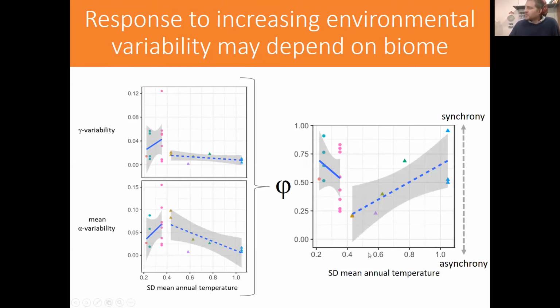And along the x-axis, in this case, we're looking at low temperature variability to high temperature variability. At this point, we're not really sure what to make of this data set. Unsurprisingly, marine data sets have much lower variability in sea surface temperatures than terrestrial sites have in air temperatures. So this was one way for us to organize the data preliminarily.